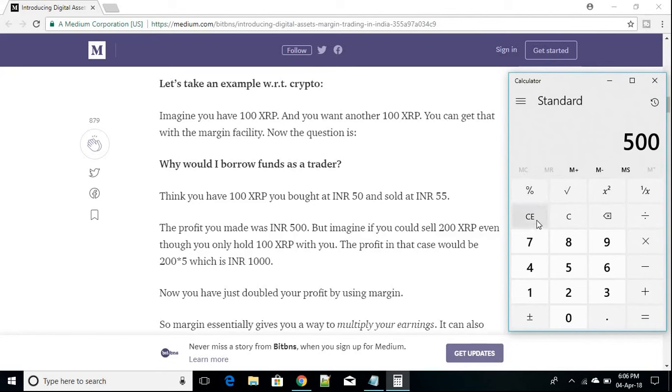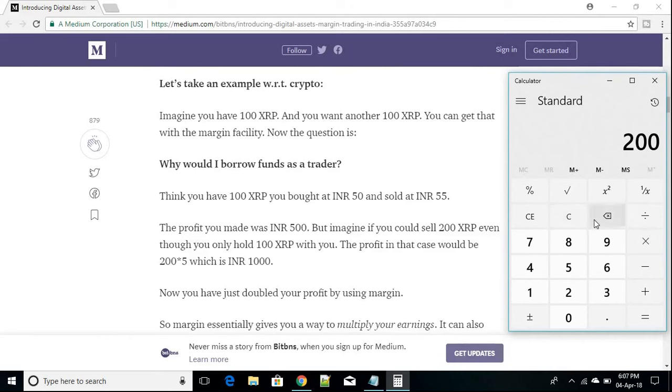So suppose you have 100 more Ripple coins through the loan you have taken. Here, I have taken 200 Ripple coins: one 100 you have and the other 100 you are taking from the lender.